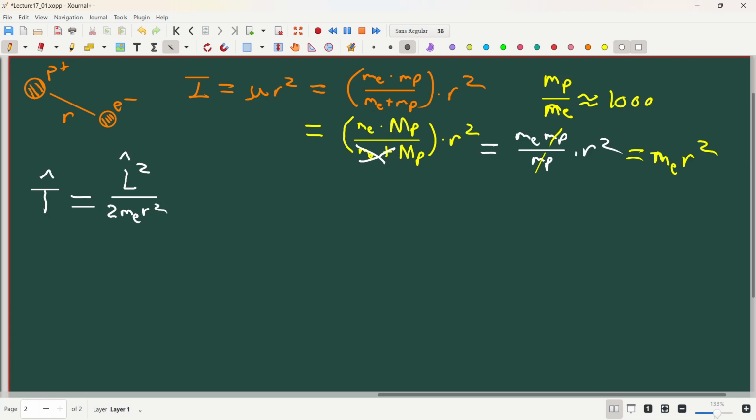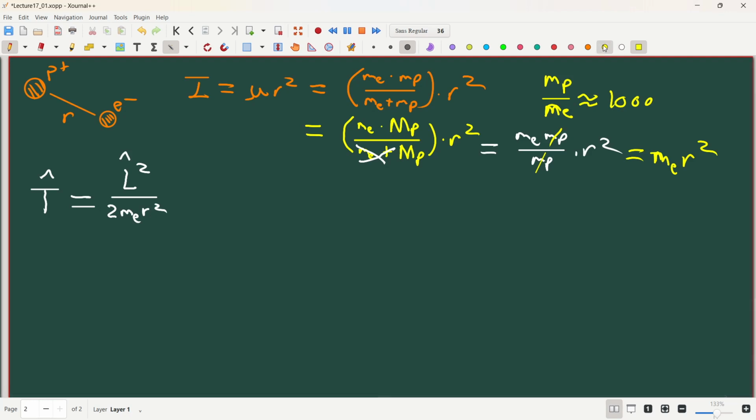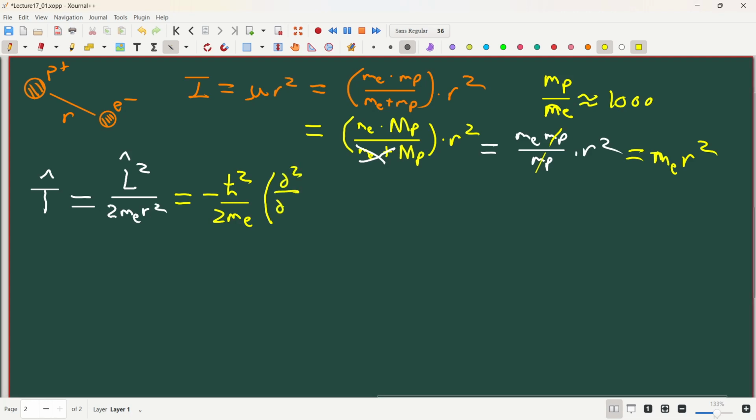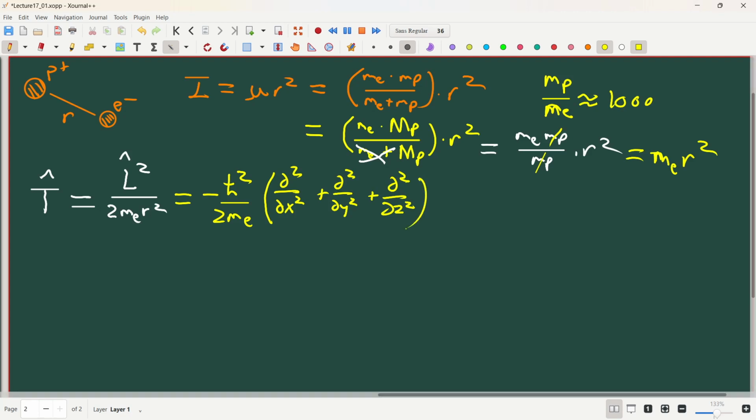But what's the kinetic energy operator for any particle from the Hamiltonian? Well, it's going to be minus h bar squared over 2 times the mass of the electron times the second derivatives with respect to position. It relates to the motion of the electron in Cartesian space, just like before.